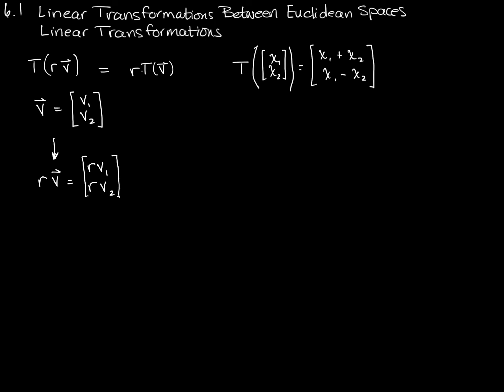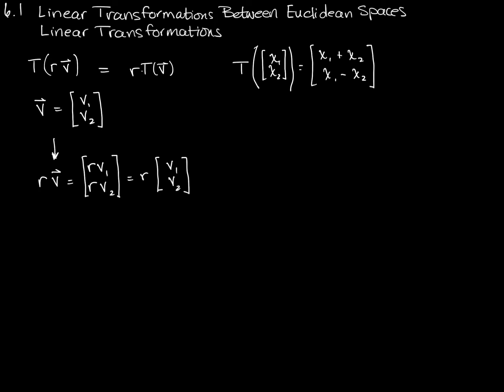I can write it that way, or I can write it the other way. It's actually more common to write those two things in the opposite order. I can say R times V means R times these two components, but I can write this either way.